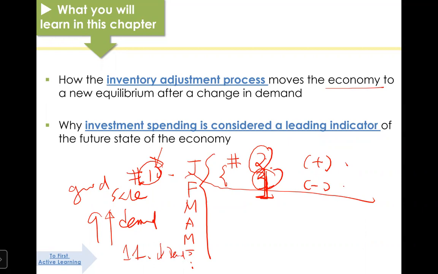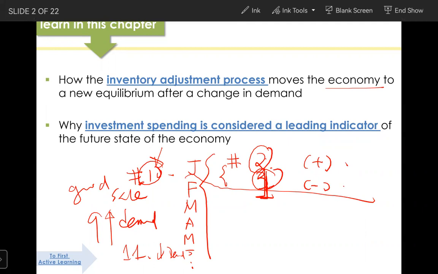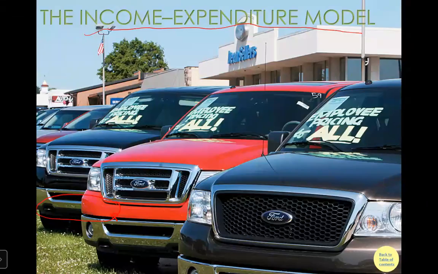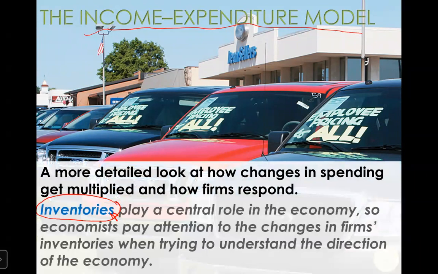That sends a signal to the business that we have added too much inventory, so we need to reduce our production. In that sense, the inventory of the business is a strong signal to understand what's happening in the economy. That's why we pay attention to inventory.